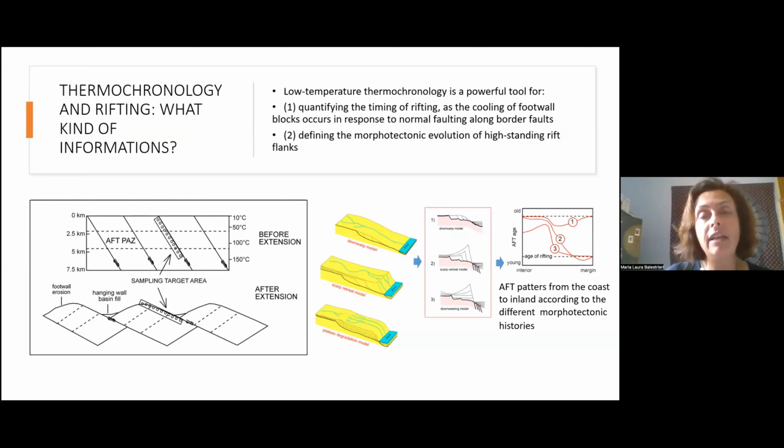This only happens if the magnitude of the throw along the fault is sufficient to bring close to the surface rocks that were completely reset before the movement along the fault, so the thermochronometer starts to record an age again due to the movement along the fault. The other way in which thermochronological methods can be used to investigate rifting, as shown before, is according to the pattern of the ages across the margin.